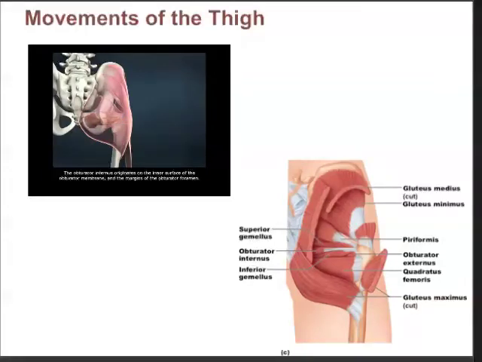The obturator internus originates on the inner surface of the obturator membrane and the margins of the obturator foramen. The insertion is on the greater trochanter of the femur. The piriformis originates on the anterior surface of the sacrum and inserts on the greater trochanter of the femur.